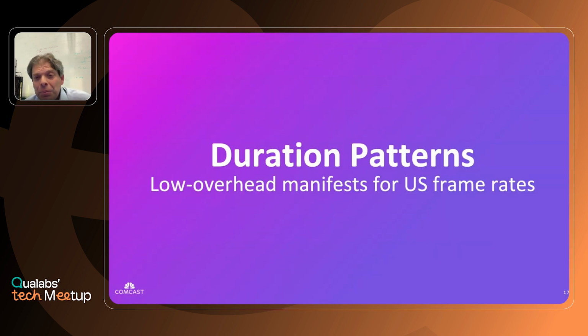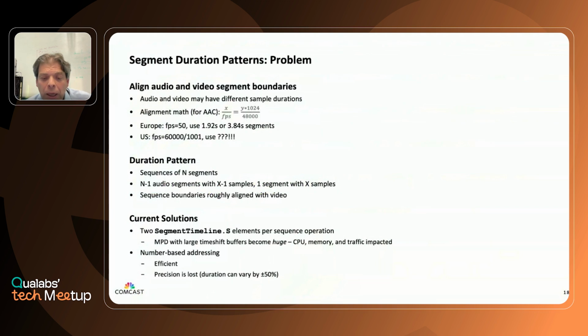Next, duration patterns, which is a pretty interesting and unique thing coming from Amazon Prime and Elemental. So what's the problem? We want to align audio and video segment boundaries. The reason is there are very smart implementations that start playing both audio and video at the same time, so you want them to be very close together.